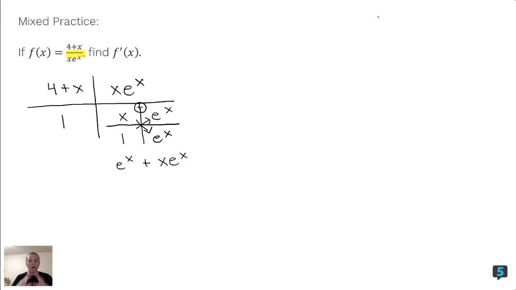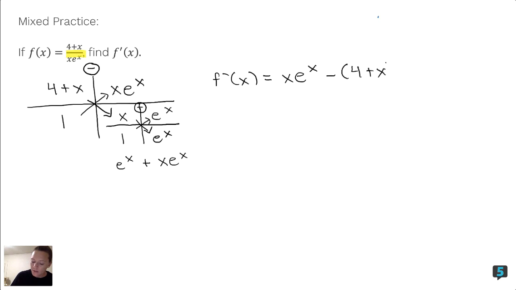So now I'm going to go back to that larger set of boxes, and I'm going to have 1 times x e to the x, so f prime of x equals 1 times x e to the x, which is just x e to the x, minus, because I'm doing quotient rule, and now I've got to multiply the quantity 4 plus x times that quantity e to the x plus x e to the x.